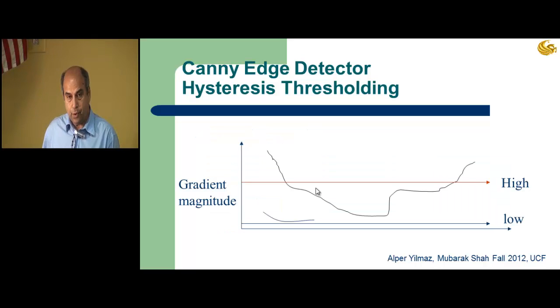Once you know the connectedness definition, here is the idea. Let's say the physical edge is like this. This is the edge. Now when we got the gradient magnitude for each of the edge pixels, this is the gradient magnitude. And there's this other edge also here.